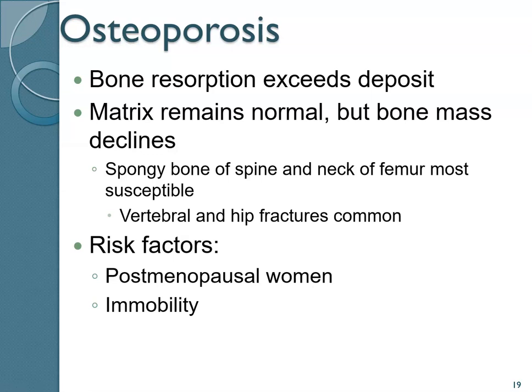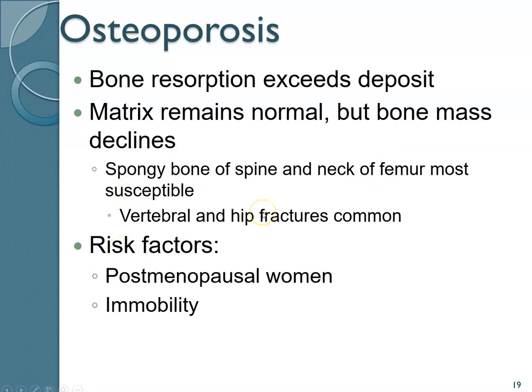Next, I just wanted to mention, as I mentioned earlier, osteoporosis is when the rate of reabsorption is higher than the rate of deposition, right? The matrix is normal, but the bone mass declines. The two places where this is most susceptible are our spine, the body of the vertebrae, and the neck of the femur.